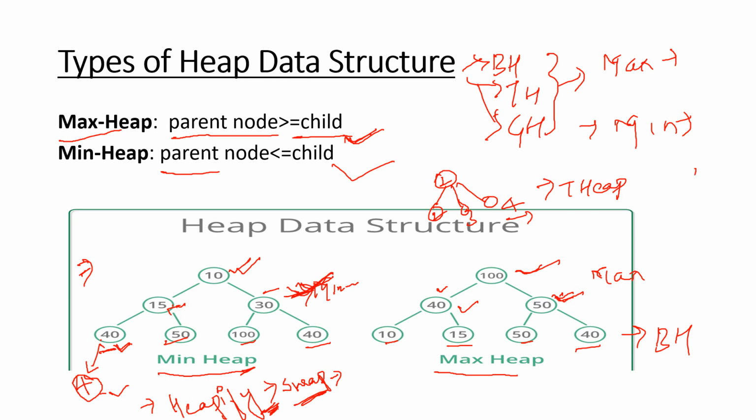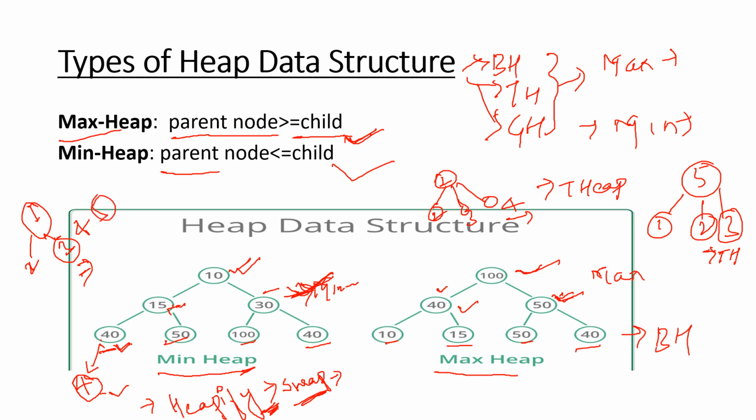Similarly, if my root is 5 and the children are 1, 2, 3, this will become a max heap. But this is not a binary heap, this is a ternary heap. Similarly, coming to the general heap, suppose this is 1, and 2, 3, 4 and 5.